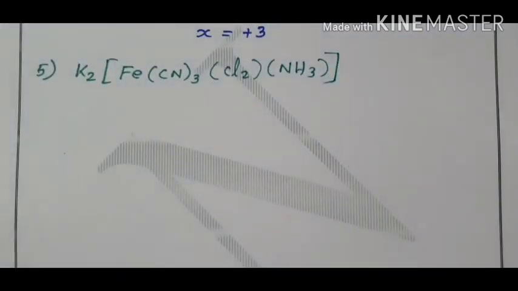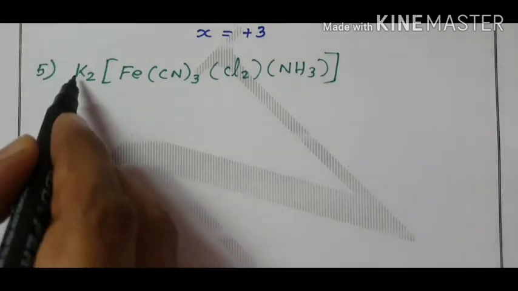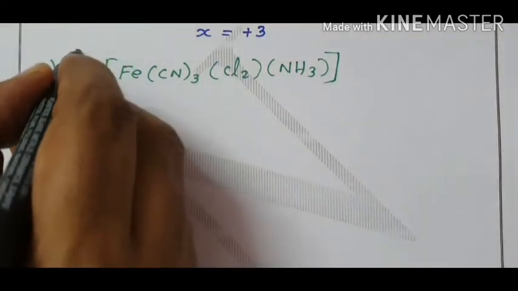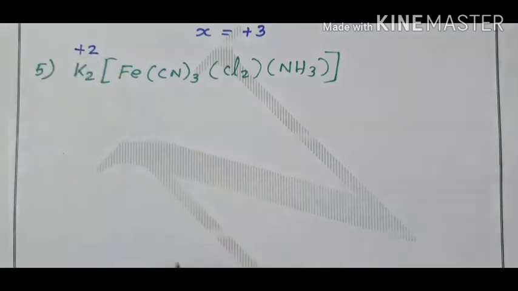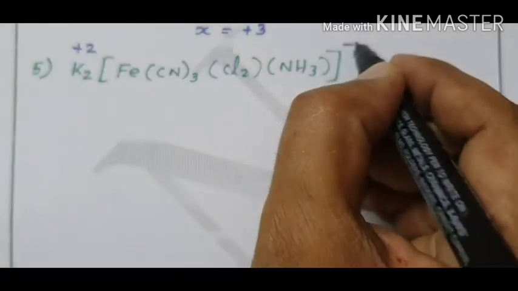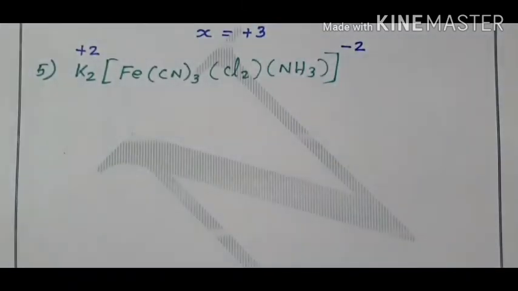To find out the oxidation state of iron in this complex, we should know the charge on the square bracket. 1 potassium is 1 plus, 2 potassium is 2 plus. Therefore, the charge on the sphere is 2 minus.